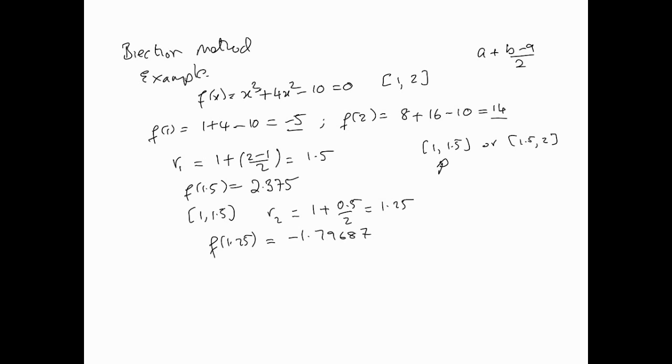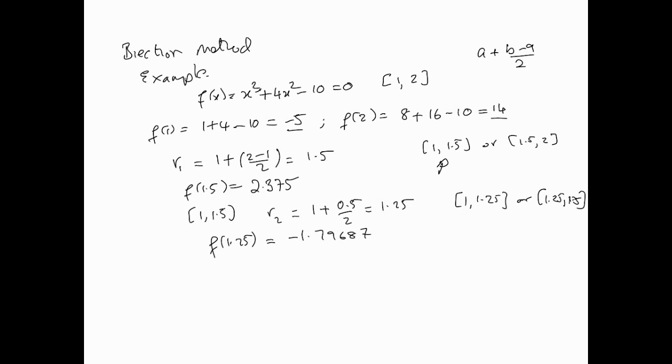Now, interestingly, that's negative. Remember, there are two new intervals to look at: 1 to 1.25, and 1.25 to 1.5. Now clearly f of 1 is minus 5.